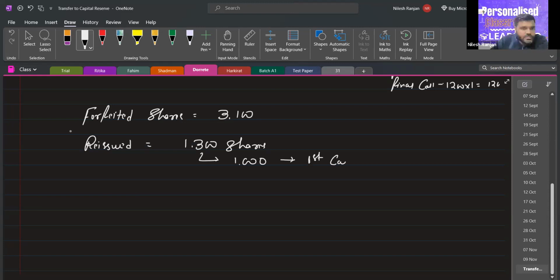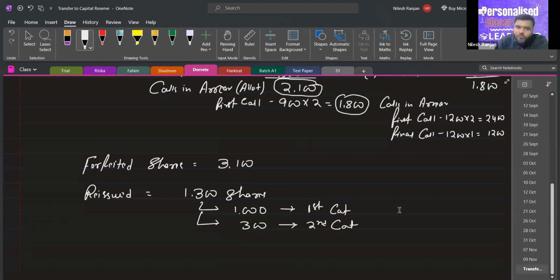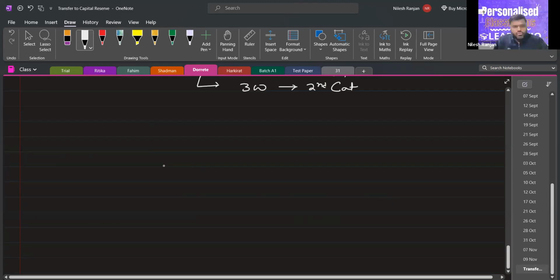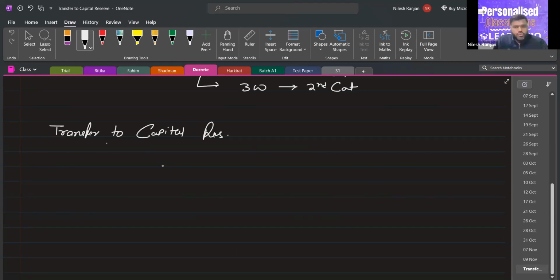If we have to calculate the transfer to capital reserve, then 1000 shares are reissued at 8 per share. Can you tell me how much discount we have given? 2 rupees per share. So 1000 into 2.